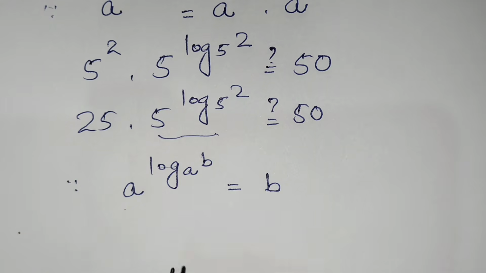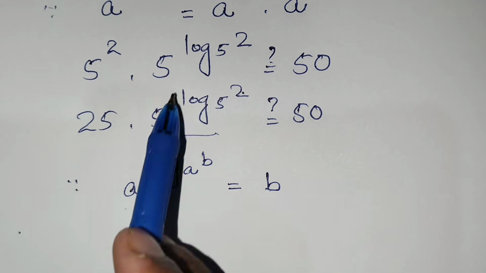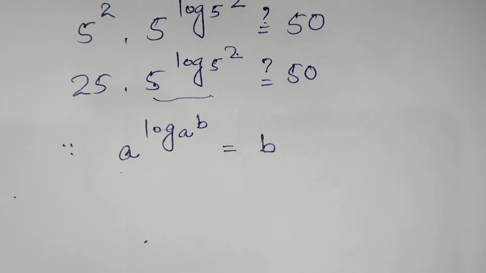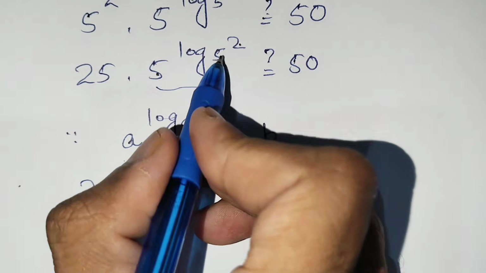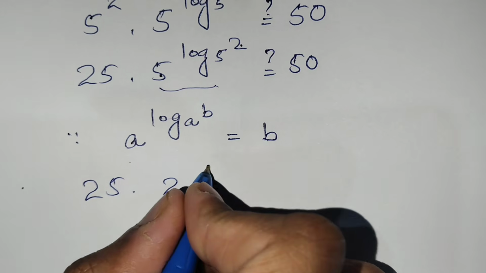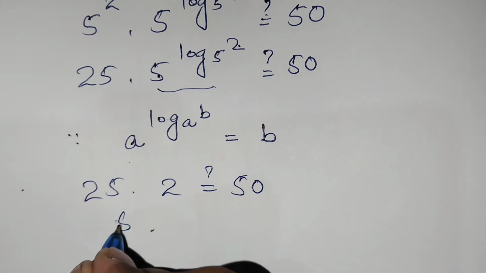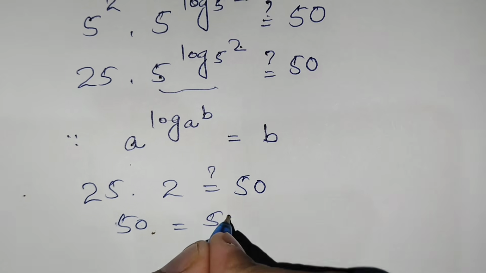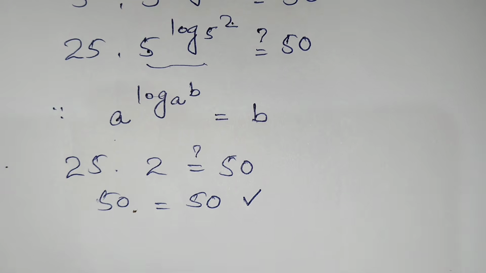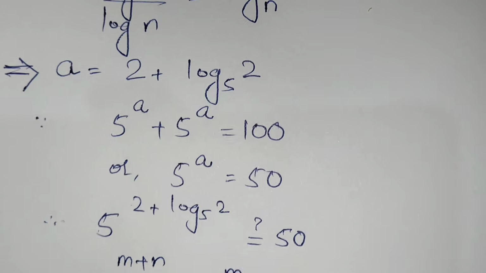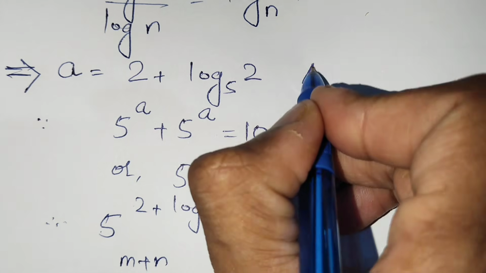So in our case a is 5 and b is 2, so the whole term is replaced by b, which is 2. So 25 times 2 is 50, and 50 equals 50. Left hand side equals right hand side. It means the value of a, 2 plus log of 2 to the base 5, is correct.